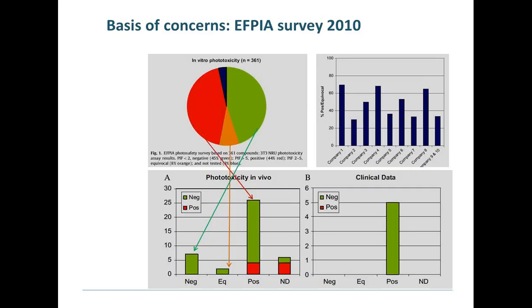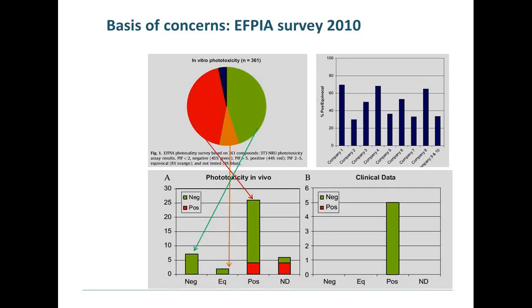On the top right, you see the distribution of positive, respectively equivocal positive results across companies, and you see that some companies have really high percentages, like over 60%, and some companies have considerably low, like 20%, and on average it was something like 50%.